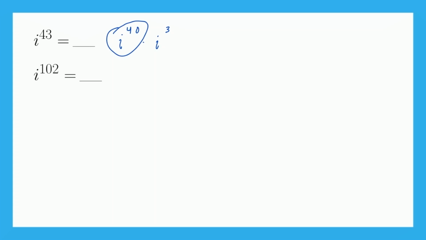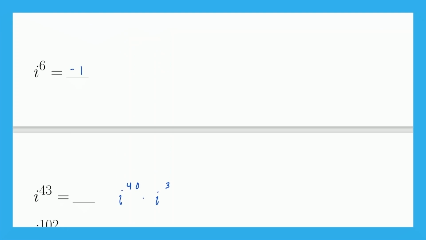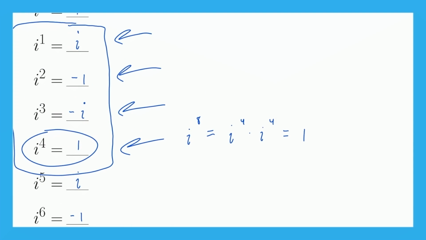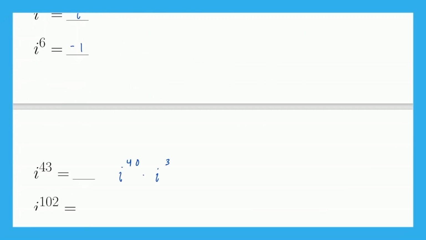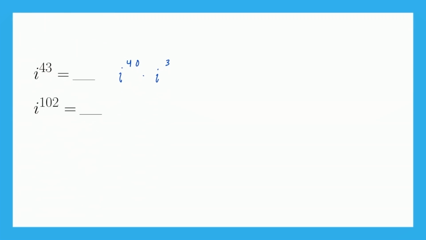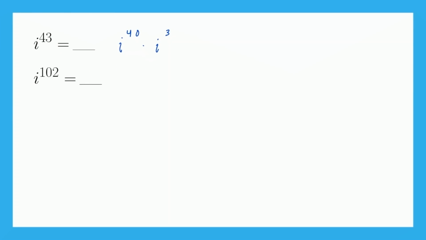So we're saying 1 times i to the 3, or you can just say i to the 3, right? What is the value of i to the 3? Well, we just talked about the fact that i to the 3 is -i, right? So all of a sudden we realize that i to the power of 43 is the same as saying -i.